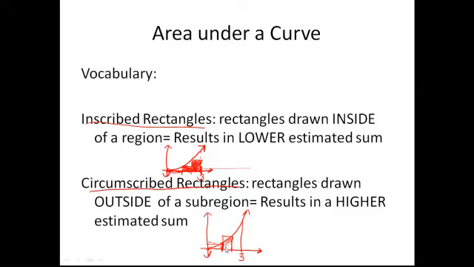What's going to happen is you're going to get a higher estimate, because some pieces of this lie outside of that curve. And that's okay, because for now we're just tackling how we would approximate it. Up here, because there's some empty region, we're going to get a lower approximation.